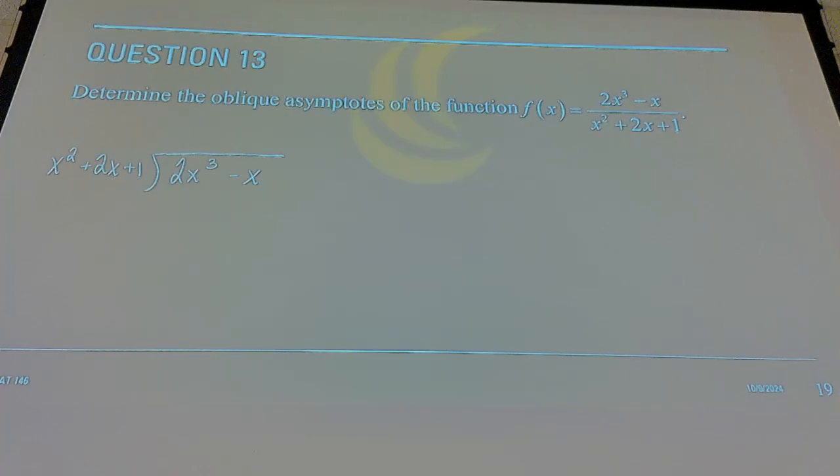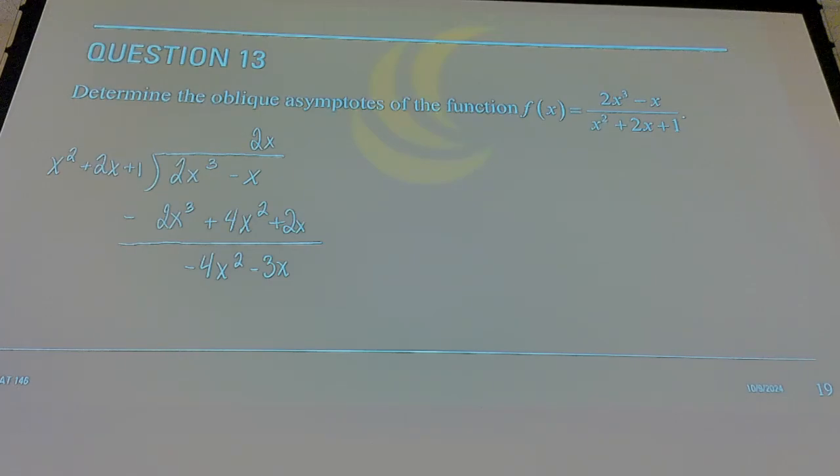What are we multiplying x squared by? 2x. We get 0 minus 4x squared, negative x minus 2x, same degree, go again.